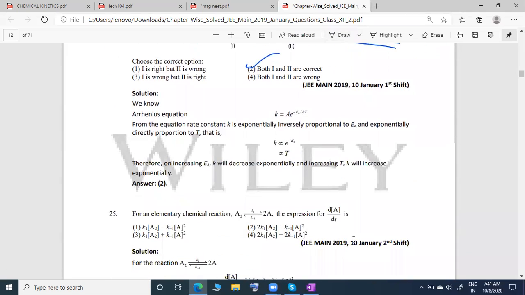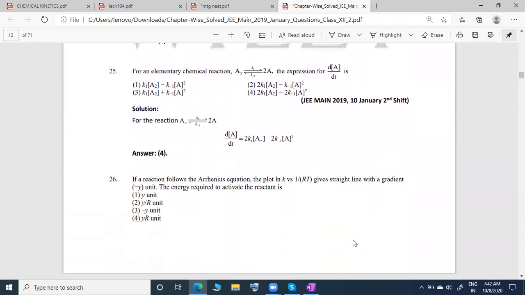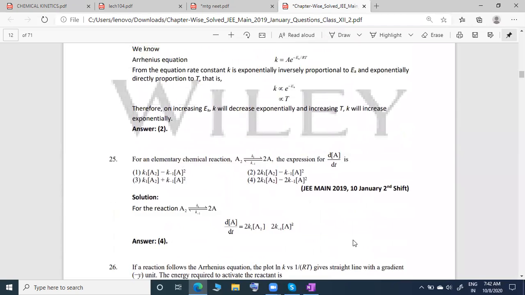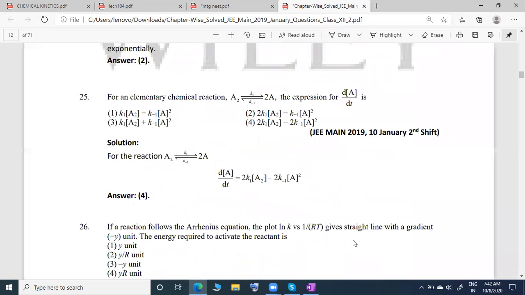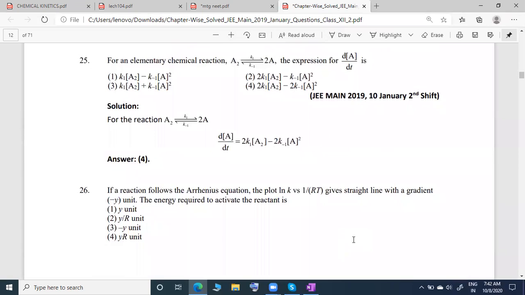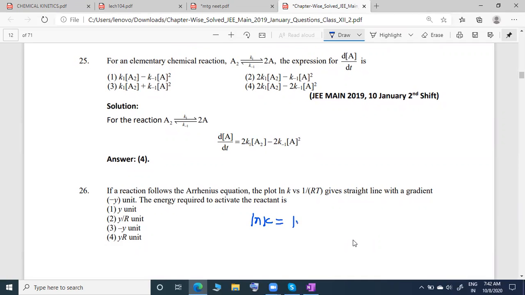So one more you can see, here question 26. All these questions are 2019 January questions. If a reaction follows the Arrhenius equation, the plot of ln k versus 1 by RT. So we have given the graph. We can take ln k equal to ln A minus EA by RT, but they are taking 1 by RT. Both are correct.